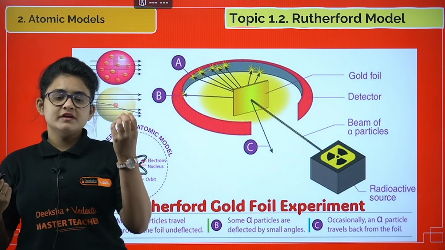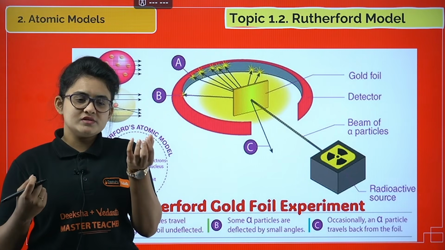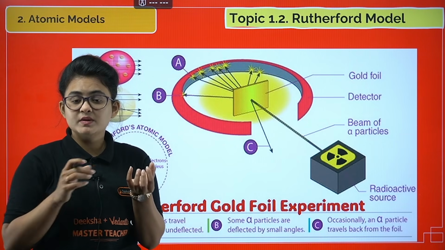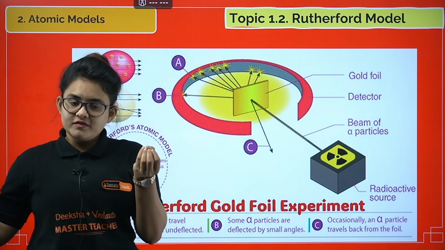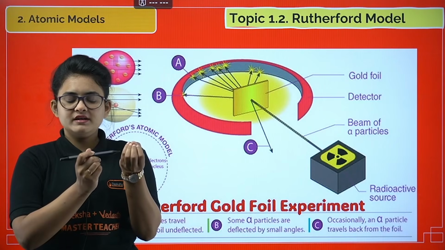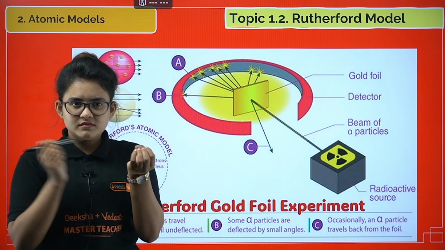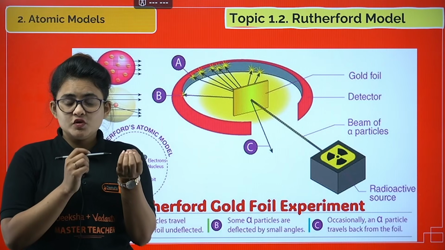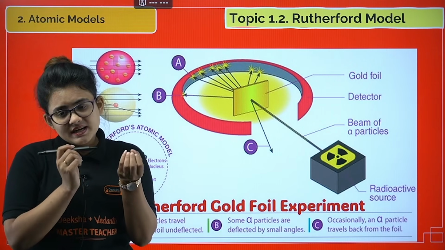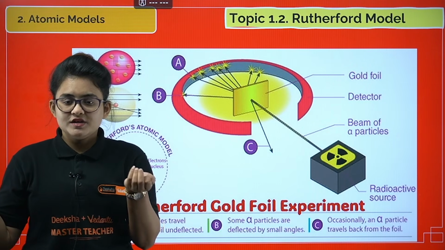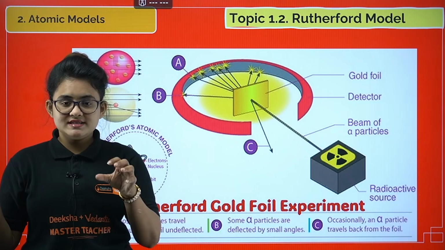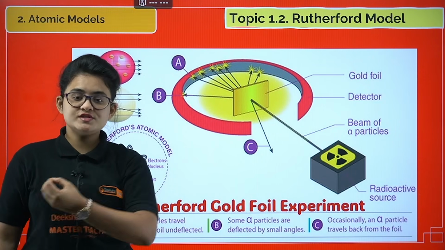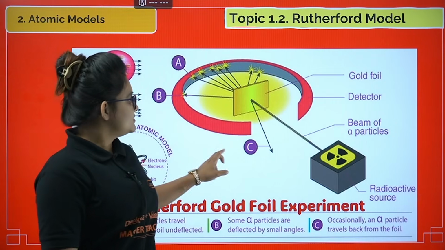Why is that possible? When there is a very concentrated positive charge that is also heavy, with considerable mass, the alpha particle, upon meeting that highly concentrated zone, gets bounced back. So definitely that positive center has considerable mass to bounce back the alpha particle.